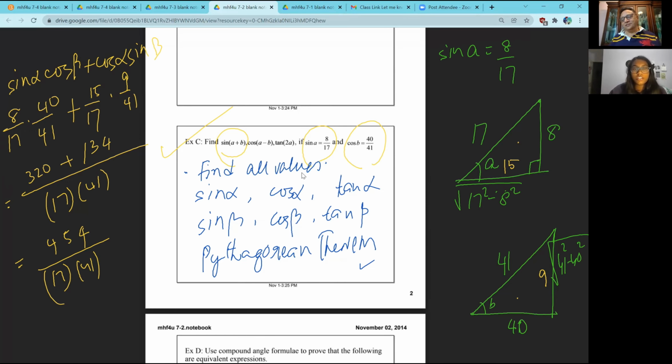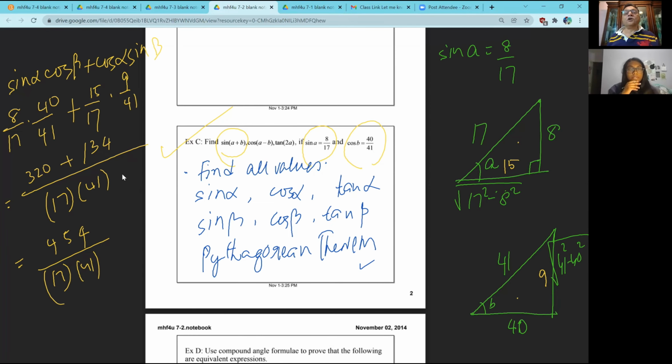One question, sir. Yes. If, for example, you have sine alpha, can you find sine beta if you're not given it? No, right? Good question. If you have sine alpha, you can only find tan and cosine of alpha. That's why they'll give you one.